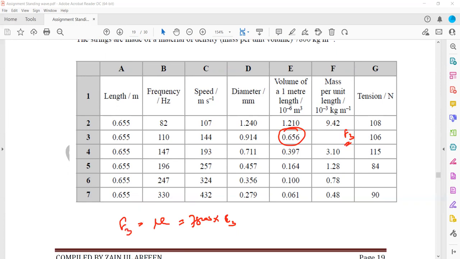So when we multiply these two, what's the answer? Remember the value is 7,800 multiplied by 0.656 exponent minus 6. When you multiply, what's the answer?